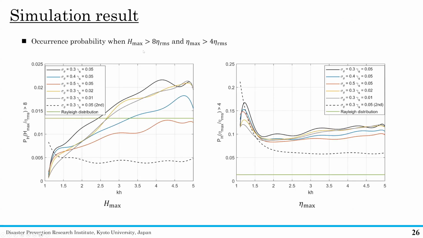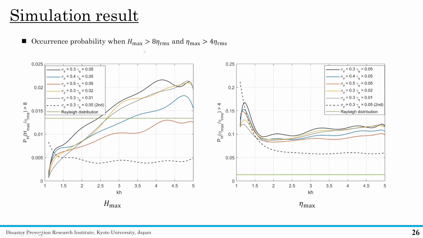Then we estimate the probability of the frequency wave, if the maximum wave height is over 8 times the RMS value. Because from Gold's theory, the significant wave height is almost equal to 4 times the RMS.